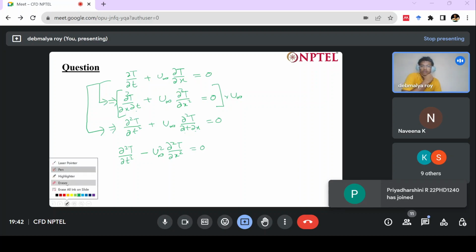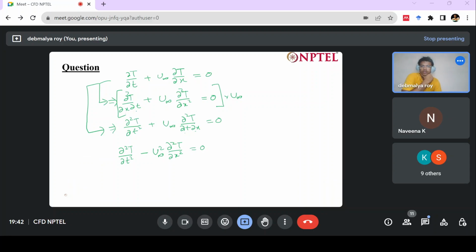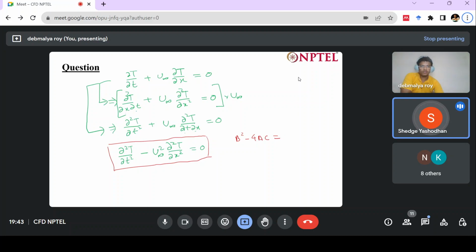So now we will use our usual process. For this particular equation, please tell me what is b square minus 4ac for u infinity square.